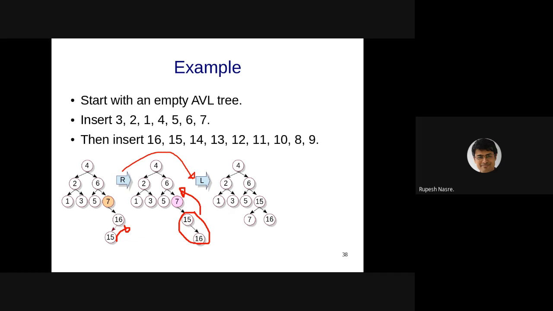You can use rotations to perform some other functionality. So these are primitives which we are using in the context of AVL trees to maintain height balance. But you could use it in the BST case. Maybe you want to maintain some other property. So rotations are generic primitives which are applicable in BSTs. Okay. Any questions so far?